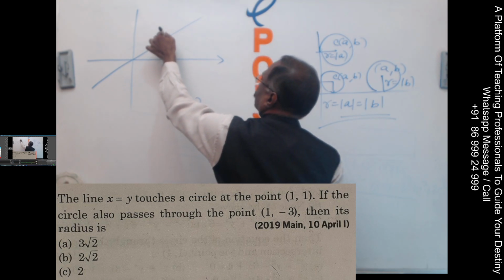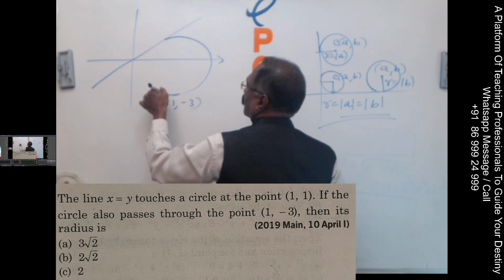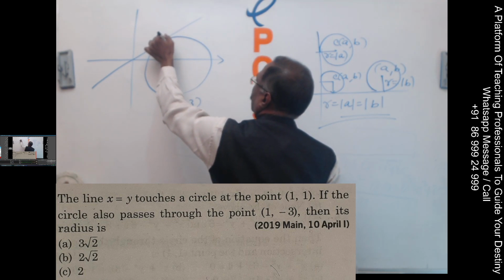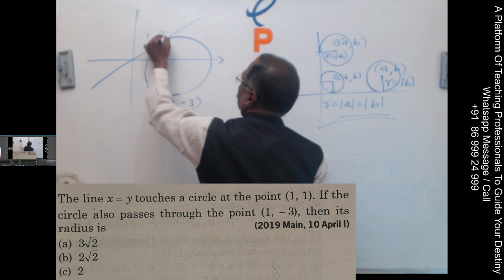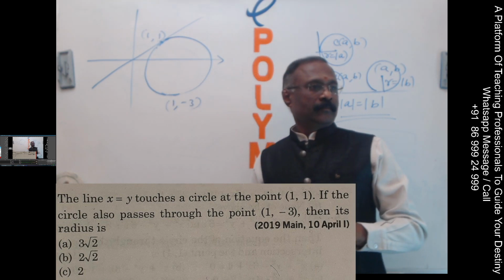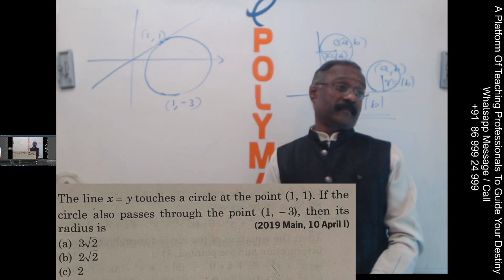It touches here and passes through this. What is the point here? (1, 1), and it also passes through (1, -3). Then its radius is.